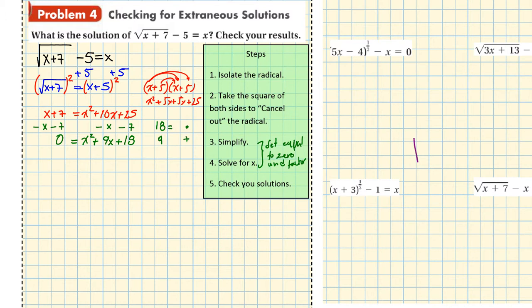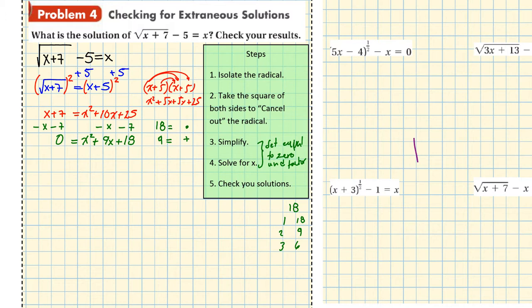The best way to approach this is by looking at the factors of 18 and making a list. I'm going to write it here in the corner so you can see. The factors of 18 are 1 and 18, 2 and 9, and 3 and 6. We're looking for one of these three sets that adds up to 9.